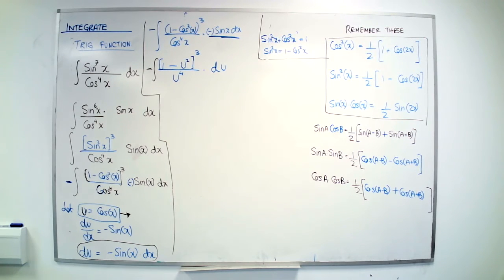Now, what I need to do is, I have 2 different ways of doing it. First, either I open up the cube formula, and I can do it that way, or I can do a different way.